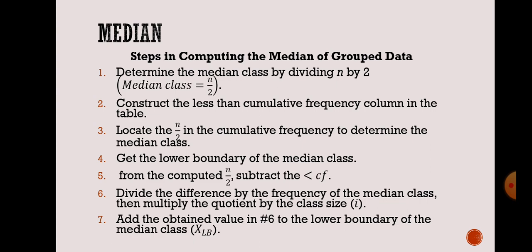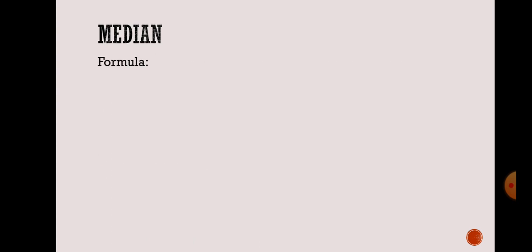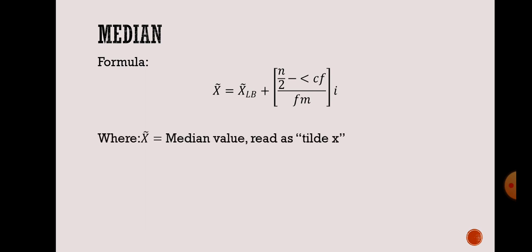Okay, so mas madali natin ito maintindihan by following a certain table and the corresponding or the appropriate formula for the median of group data. Okay, so let us take this formula. This will be the formula to be used in computing for the median of group data. We have the median symbol, which is read as x tilde, and then we have x sub LB, or the lower boundary of the median class.